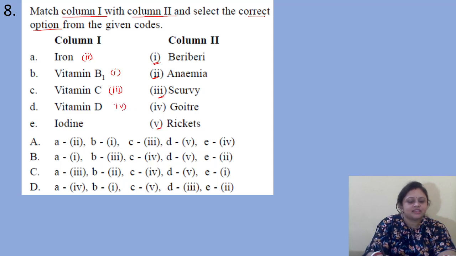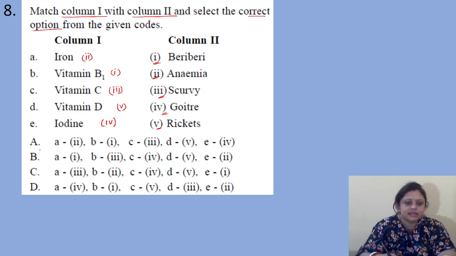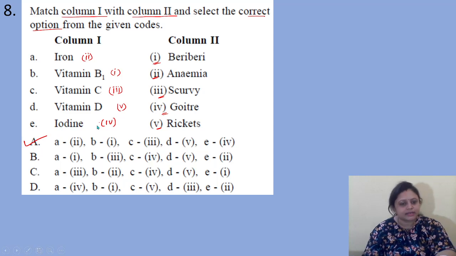So we can write here 4. In deficiency of iodine, goiter occurs. Sorry, here it is 5. Yes, so in deficiency of iodine, goiter occurs, so we can write here 4. So A2, B1, C3, D5, E4. Where is it present? It is present in option A. So option A is the correct answer.